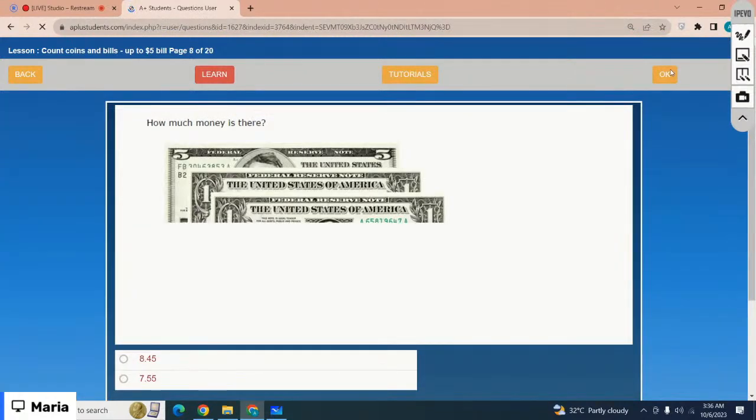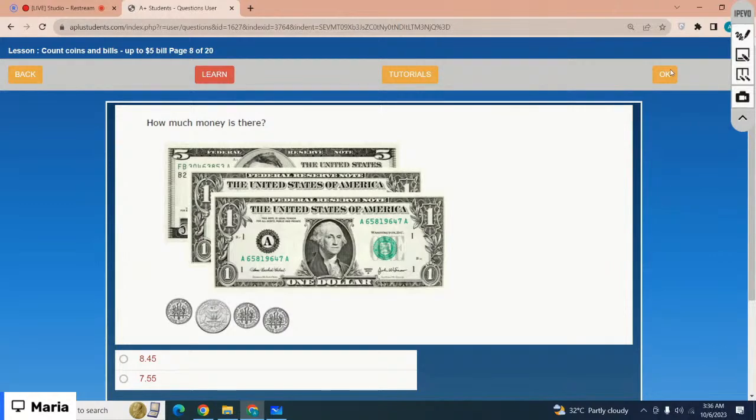Okay, how much money is there? Which is the correct option? 8.45 or 7.55? The correct option is 7.55, right? The correct option is 7.55.